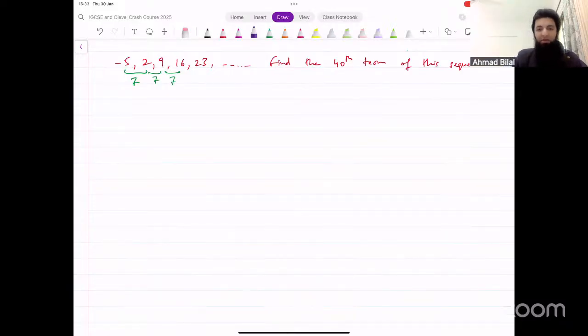Now, how do we write down the nth term formula for this? What's the standard formula that we've got? Let's write that down first. A plus n minus 1 times D. What's the value of A that we've got in this sequence? It is the first term, that's -5. Okay. What about the difference? Next term minus the previous term. Take any two consecutive terms. If I were to take these two terms, that will give me 9 minus 2, and that is 7.